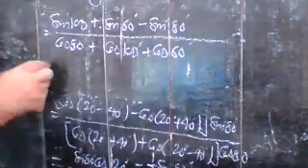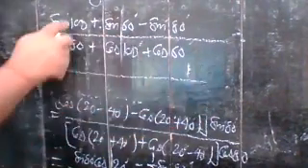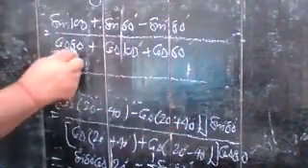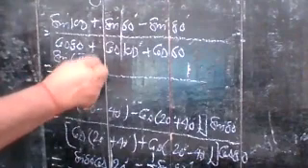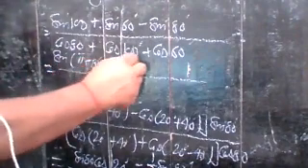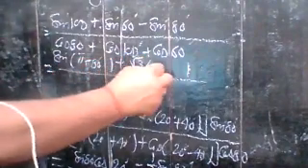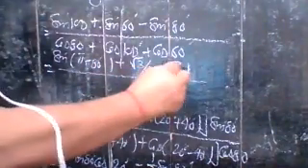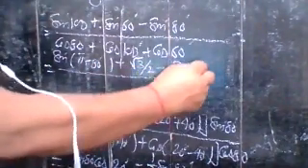Now putting its value, and also sine 100 can be written as sine pi minus 80 degree. The value of sine 60 is root 3 by 2, minus sine 80 degree. So write it here, sine 80 degree.